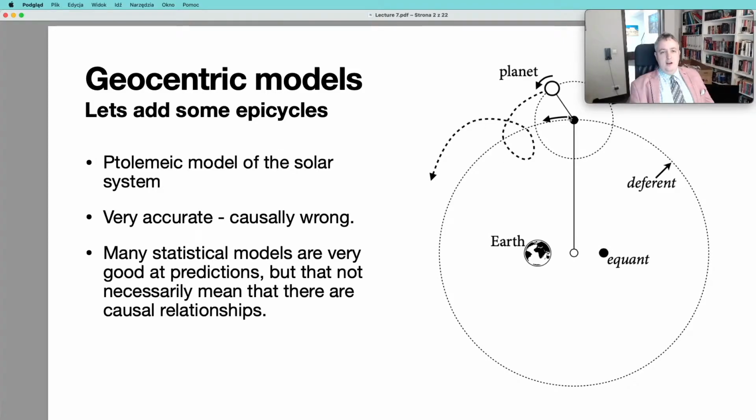An epicycle is that instead of movement on a circle, we move an additional circle on a circle. When we have this big circle, the smaller circle moves around it with the point in the middle, and around this middle of the smaller circle, our object actually moves.